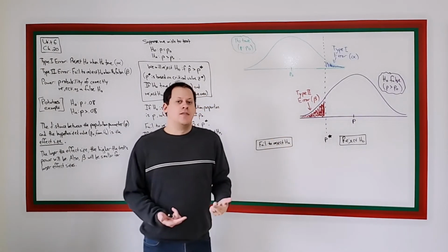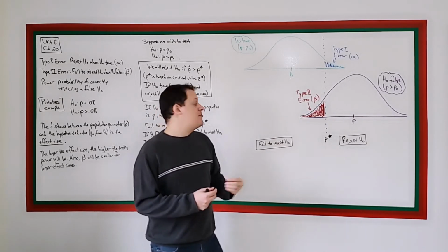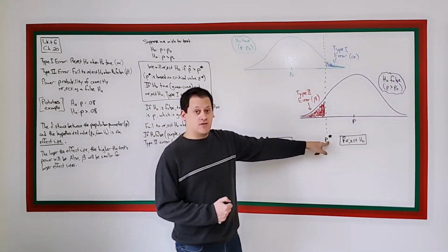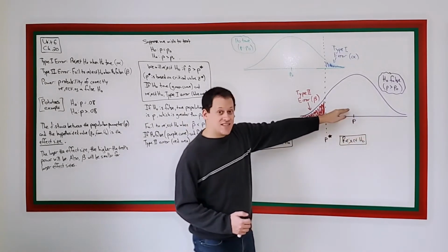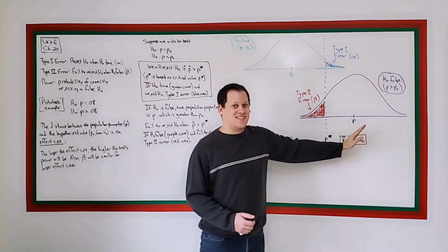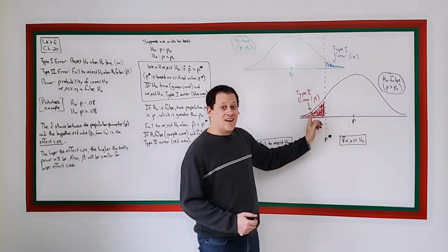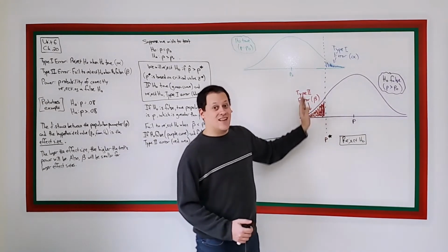But if you want to run the test with a lower alpha, we have established that means you have to move this p star value to the right. But if this curve stays where it is and you move p star to the right, what happens to type 2 error? This area is going to increase as this dotted line moves right.